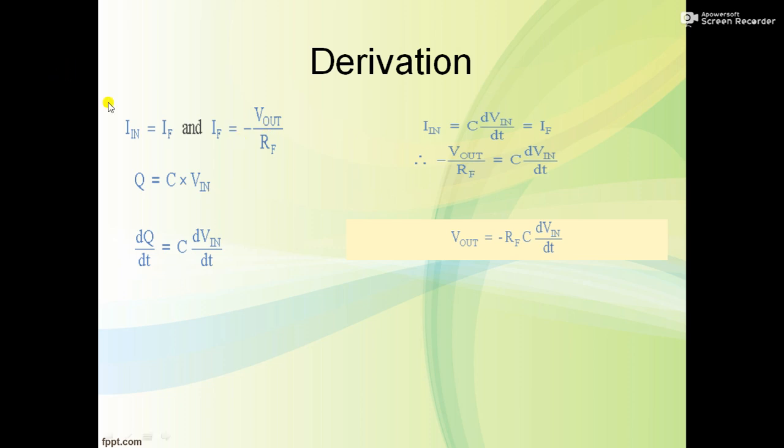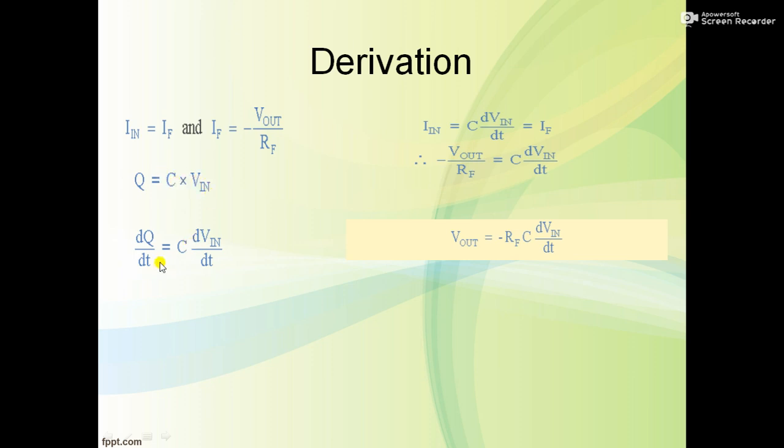According to Ohm's law, IF is equal to minus V0 by RF. Consider the input side, Q is equal to C into Vin, where Q is the charge of the capacitor.